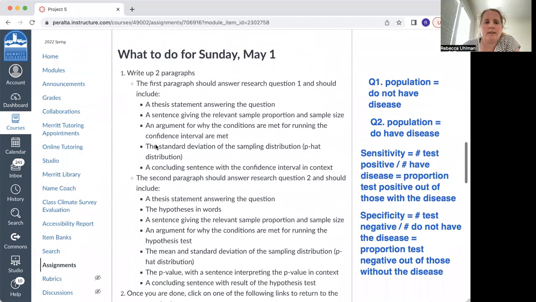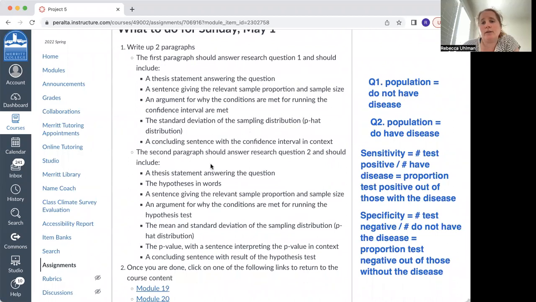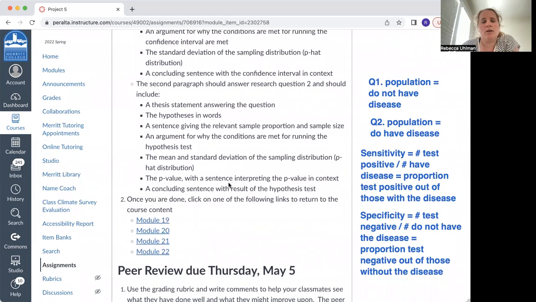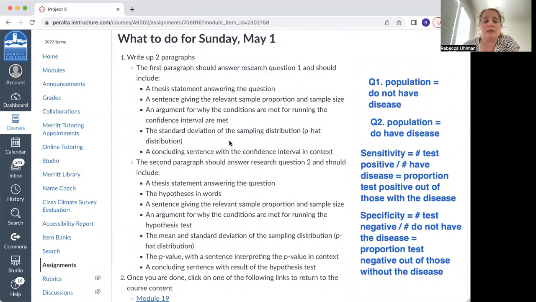Our job is to then do a paragraph answering research question 1, which was a confidence interval. And then for research question 2, our job is to run a hypothesis test. I have listed all of the information that I would like you to include in each of those. So that's Project 5. If you have further questions, feel free to shoot me a message.